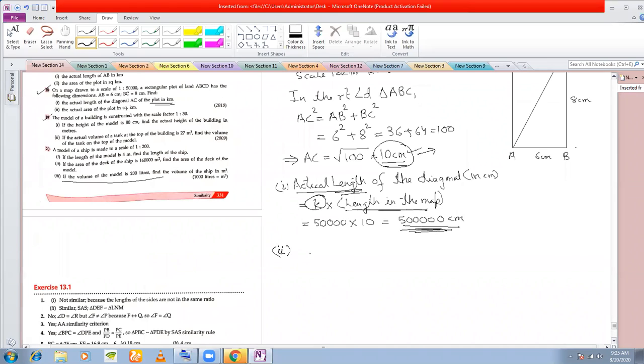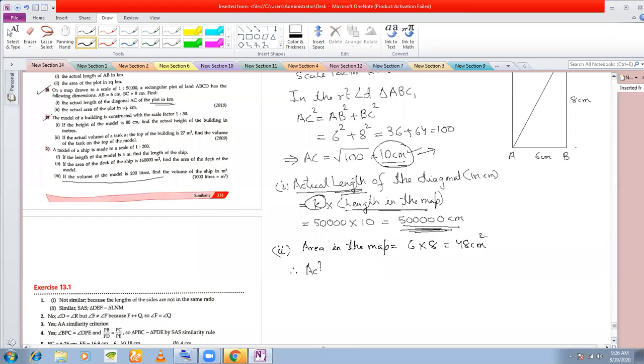Second one, the actual area of the plot in square kilometers. What is the area in the model or the map? Length into breadth, which is 6 into 8, which is 48 centimeters square. This is the area in the map.